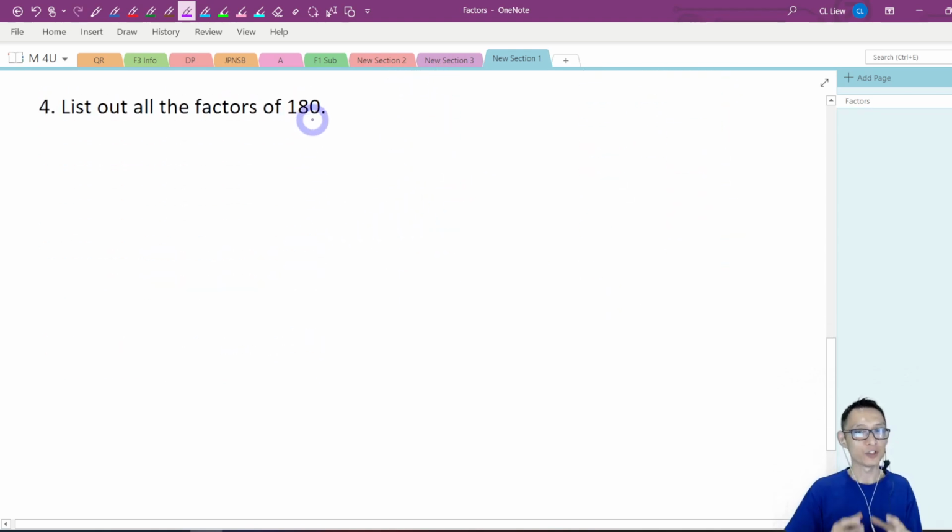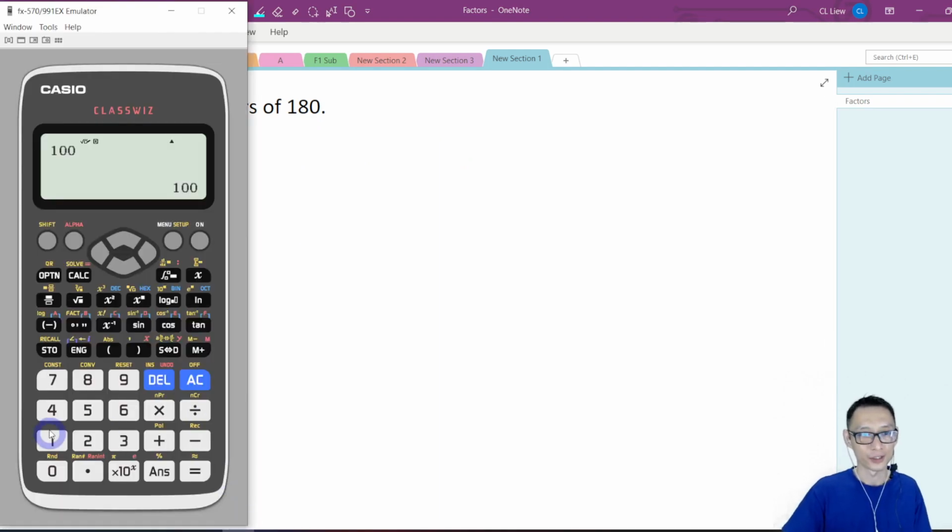Okay, now let's try this one. This time 180 has a lot of factors. So let me do prime factorization first. 180, press equal, then press shift, and then press this. If you see 2 power 2, this means 2 squared, 2 times 2, then 3 times 3, and then 5.